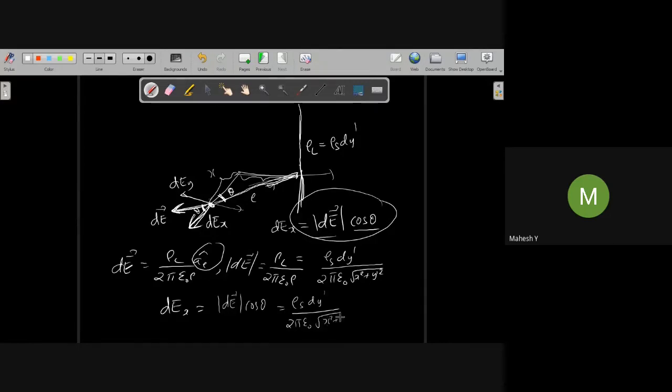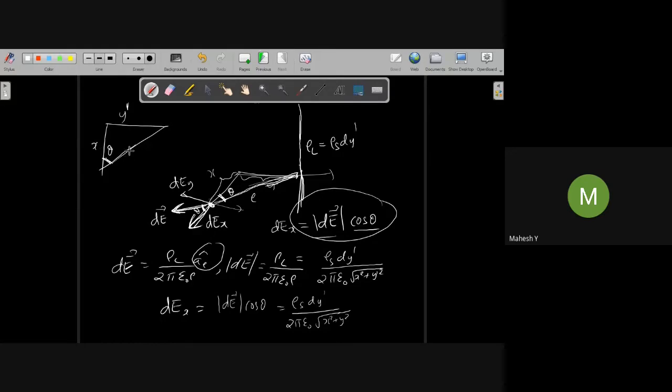Now cos theta is there, which doesn't have x and y components. So can anybody get the value of cos theta in terms of x and y prime? So this is theta. What is cos theta here?